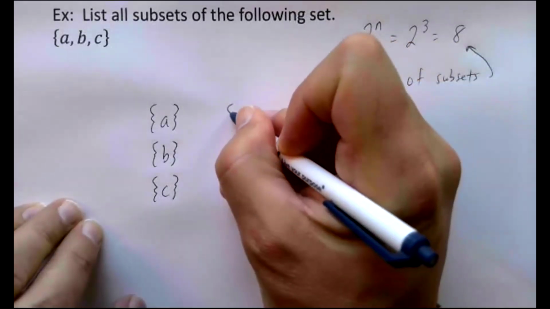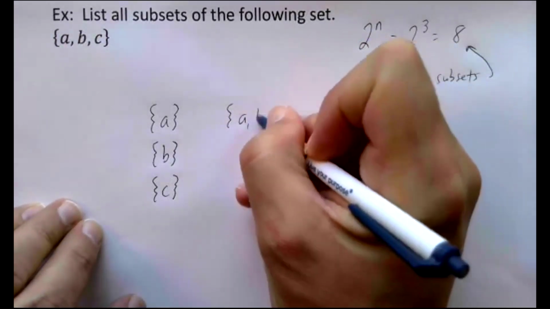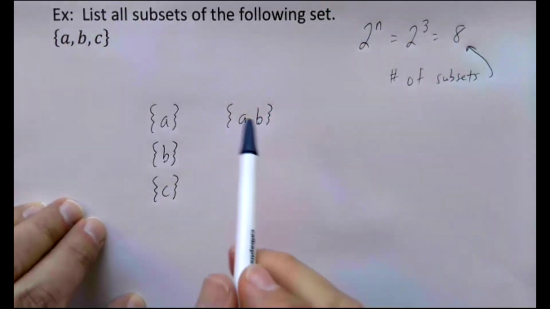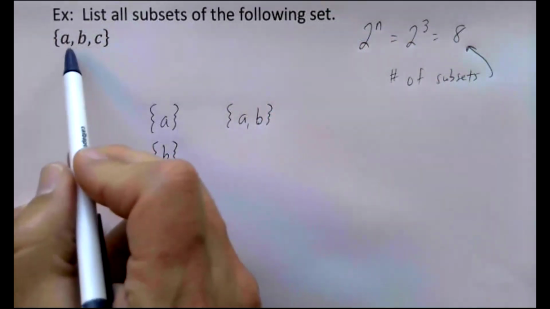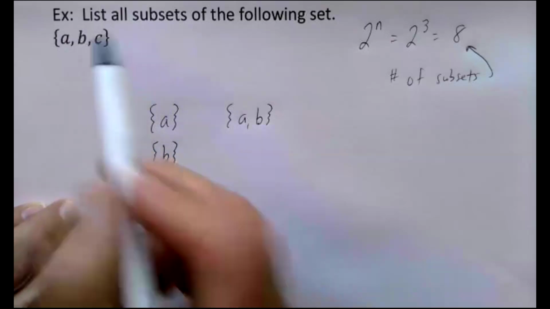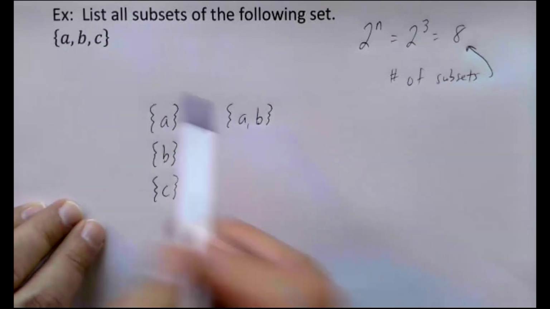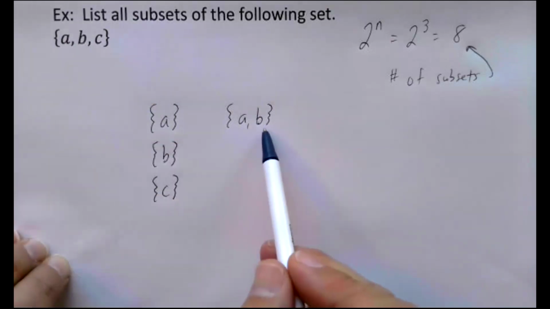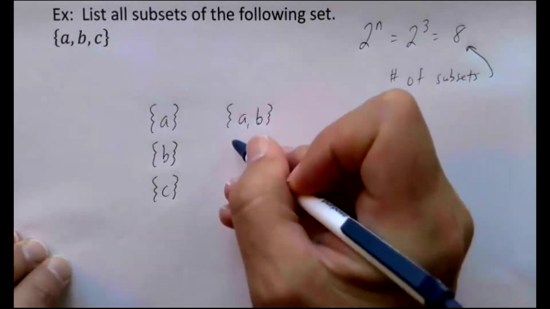Well, sometimes we can talk about a set with 2 elements in it. Like, for example, this set. This set has cardinality 2, but this set is also a subset of the original. Everything that shows up in this set also shows up here. So here's another subset of that one.